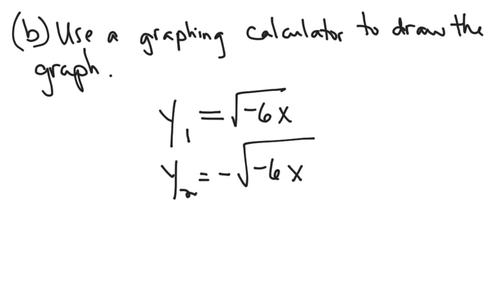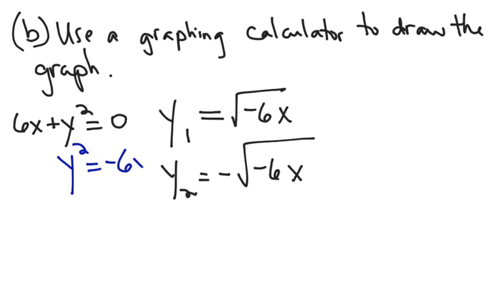In order to use a graphing calculator to draw the graph of a parabola that opens left or right, some of you may know that on your graphing calculator you can change that y equals to an x equals, but we don't really need to do that. The other way we can manipulate this equation so that we can solve it is if you do this.